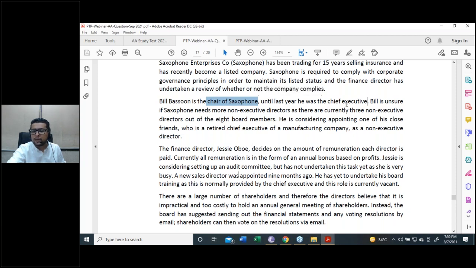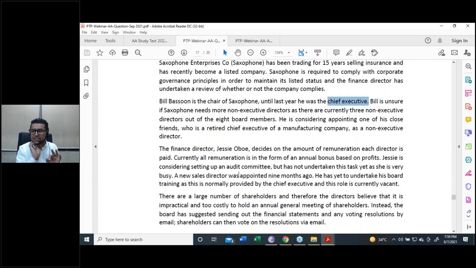Why am I saying that? Because until last year he was the chief executive. He's not chief executive anymore, but considering the fact that he was the chief executive officer till the last year, definitely as a chairman he'll be monitoring or reviewing decisions he himself took when he was the chief executive. So he does not seem to be an independent person.